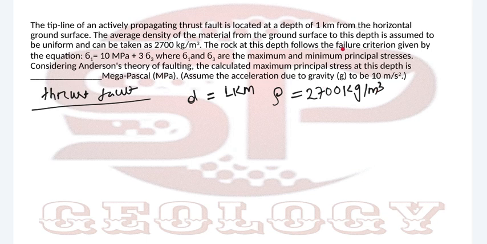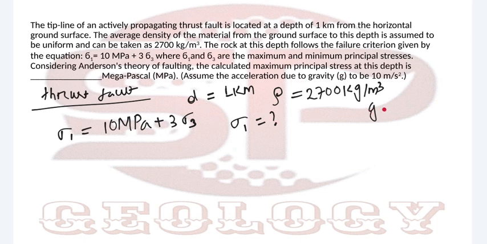The rock at this depth follows the failure criterion given by the equation: sigma 1 equals 10 MPa plus 3 sigma 3. So we have to calculate the maximum principal stress, that is sigma 1.